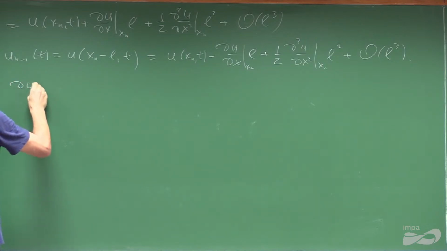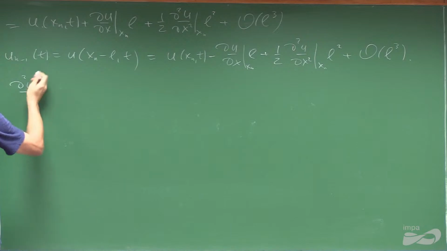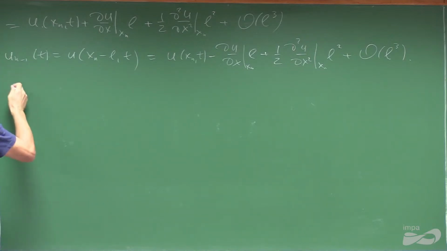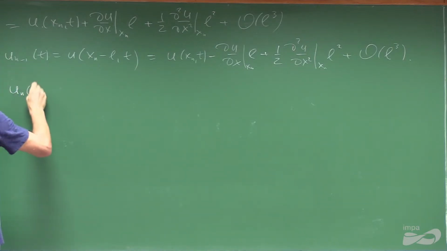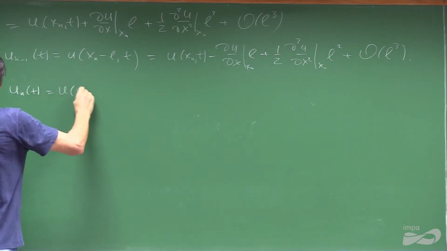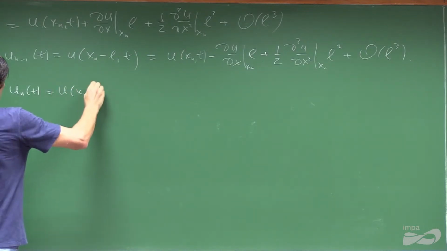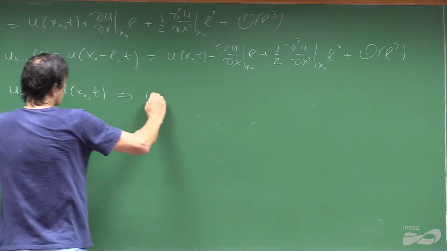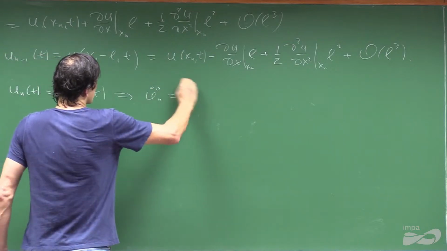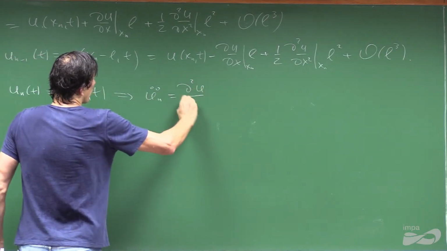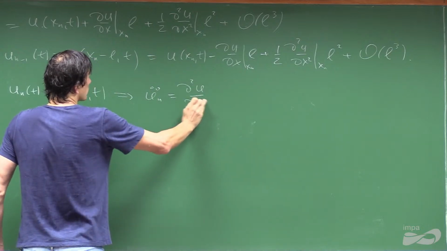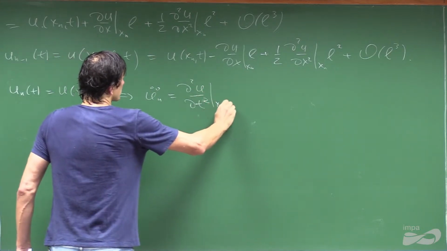We find that the second derivative of un... Also let's remember that un of t is u at xn and t. So it means that the double derivative is just the second partial derivative at point xn, right?